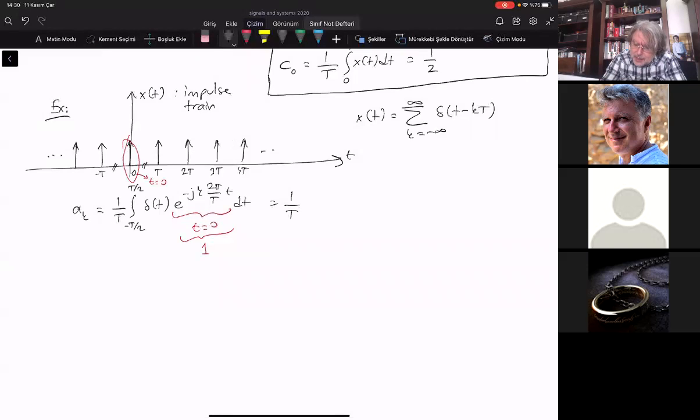And that's an astonishing result, because it's valid for all k, including k is equal to 0, 1, 2, 3, minus 5, minus 7, 1 million, 1 trillion. They are all 1 over capital T. So this signal is quite a high frequency signal.